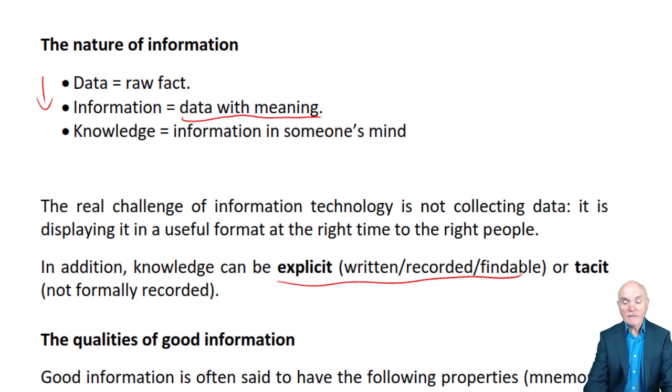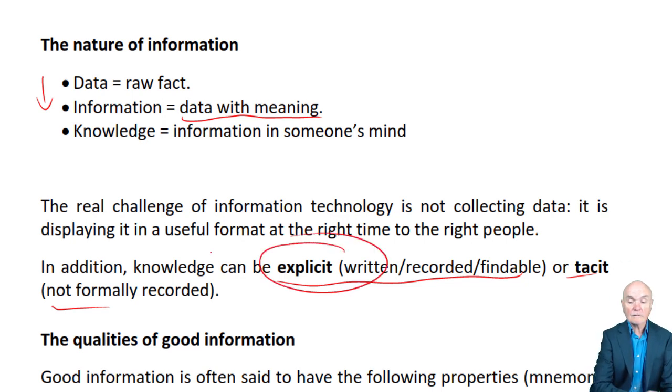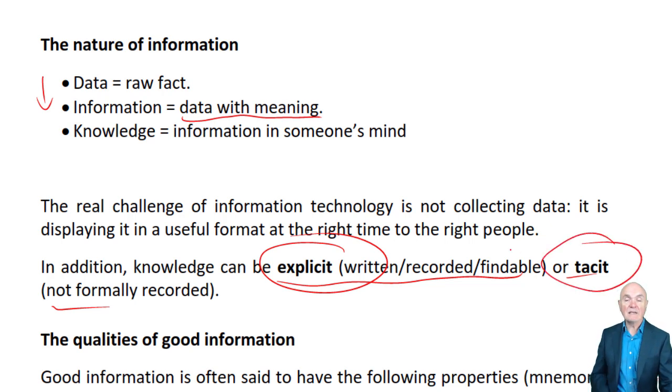That's explicit knowledge. However, the tricky one is what's called tacit knowledge, which is not formally recorded. So take a sales representative. A sales representative will know what last month's sales were for each of the major customers. But the sales representative might also know that one of the customers is thinking of maybe going to a competitor.